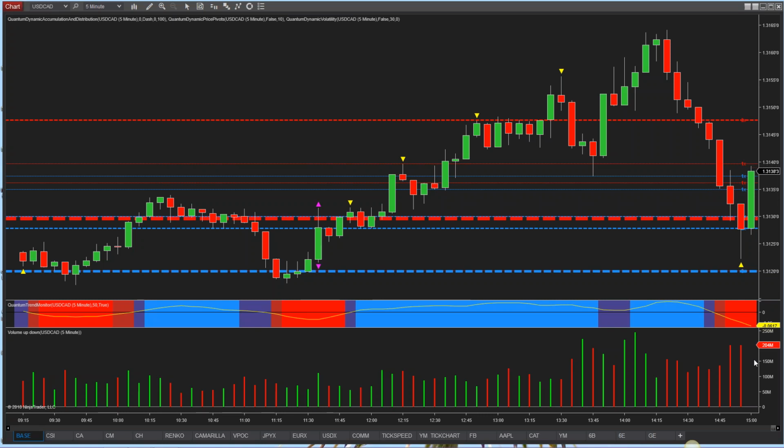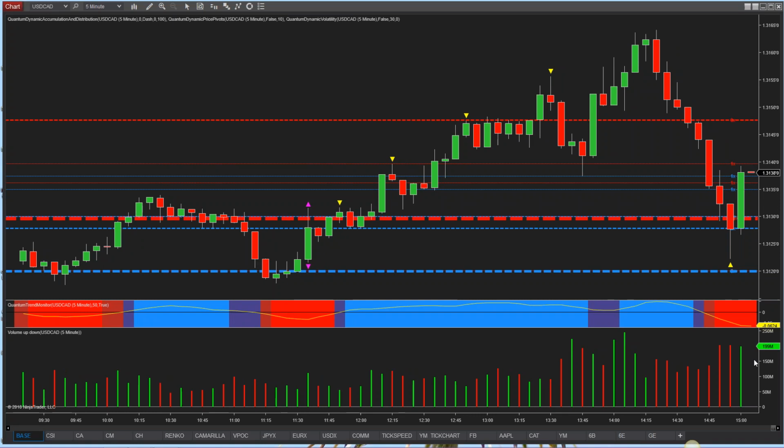So you start with a number of contracts, and that can be either a number of contracts, or it could be a number of micro lots, for example, or full lots or mini lots, whatever it is. So in the spot forex world, you might go in with, say, 3 micro lots or 3 mini lots, and gradually take those off the table as a position develops.